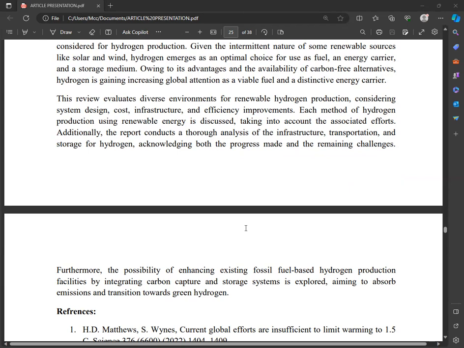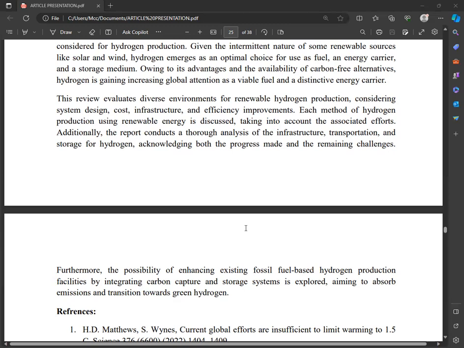This review article evaluates diverse avenues for renewable hydrogen production, considering system design, cost, infrastructure, and efficiency improvements. Each method of hydrogen production using renewable energy is discussed, taking into account the associated efforts.